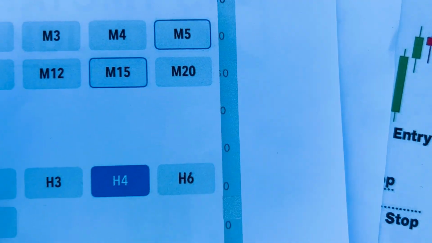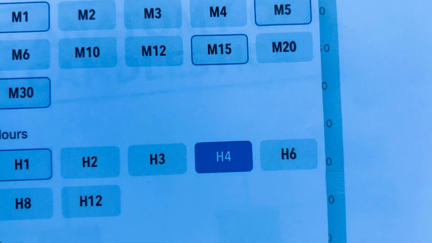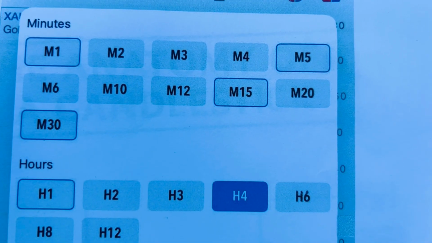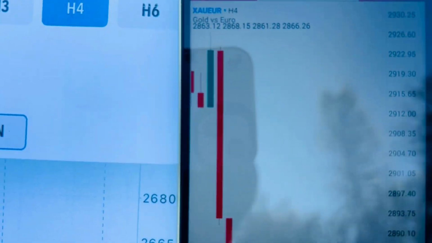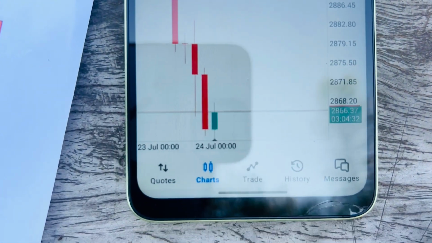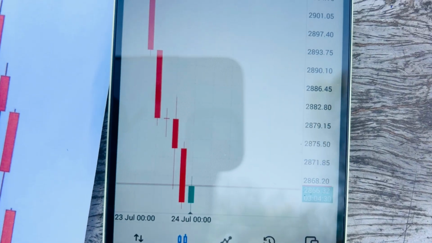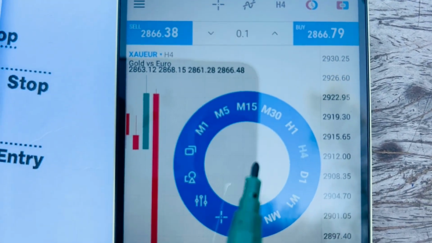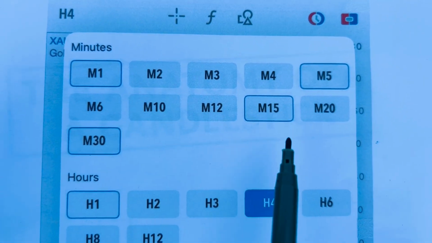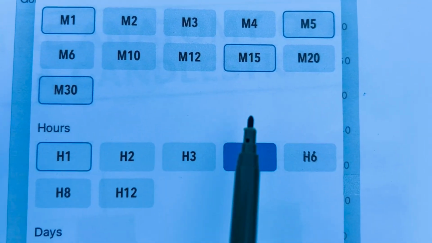Now, to make sure that you are following, use your mobile phone, go to the charts section. You choose the asset, and if you're using Android, you just tap and you'll see the time frame. If you're using an iPhone, you will just tap here and you'll be able to see the time frame.